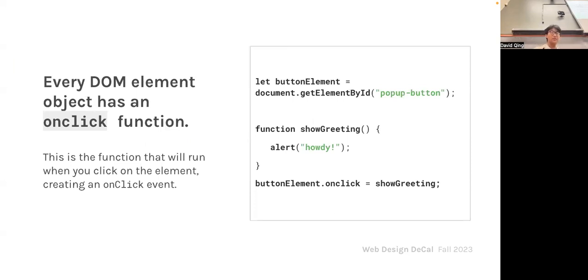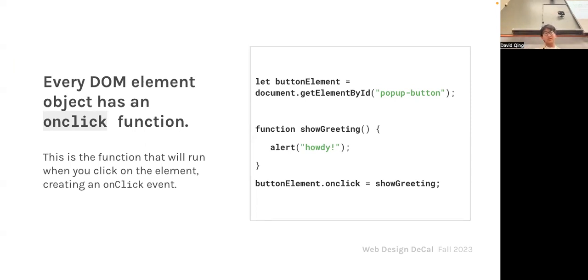Every DOM element has an onClick function, and this onClick function will run anytime we click on that element. For example, if we have a p tag that has an onClick, that onClick will run whenever our mouse clicks over that p tag. Does that make sense? Okay, cool.